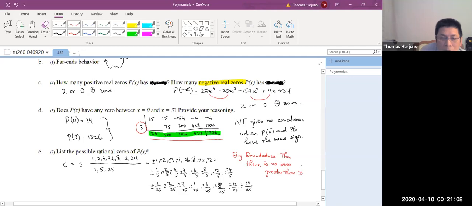In fact, in this case, including 3. So I can now eliminate 3, 4, 6, 8, 12, 24, and 24 over 5.